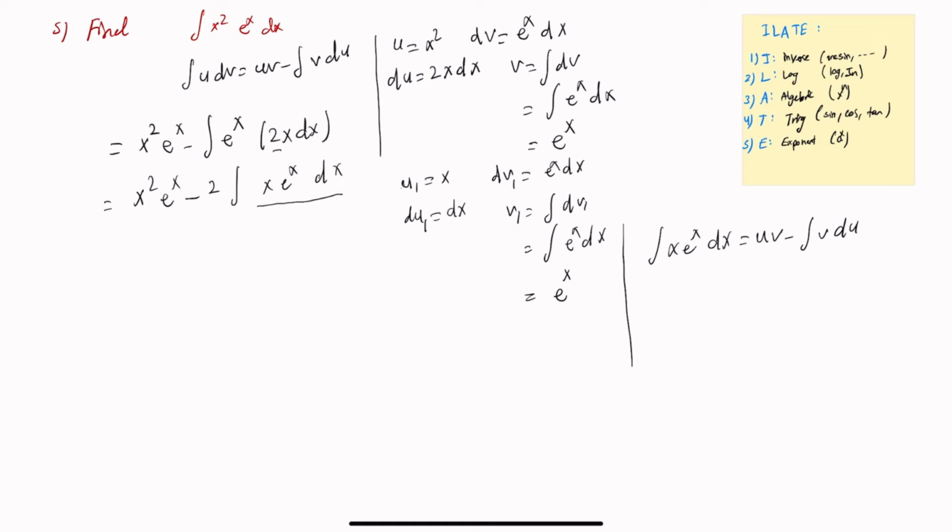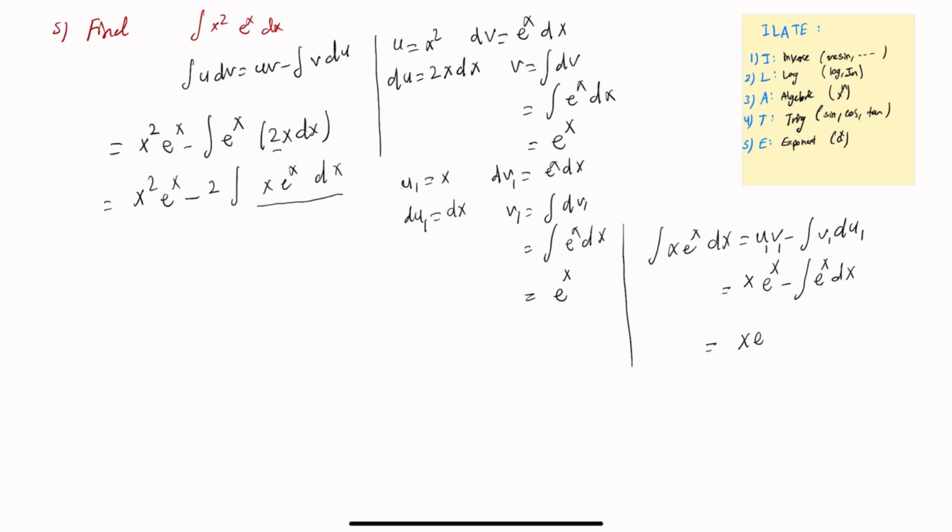Note in here, just to differentiate these variables from the previous variables, I'm going to call this u1, v1, and du1. So that's going to be equal to u1, which is x, and v1, which is e to the x, minus the integral of e to the x, and du1 again is dx.